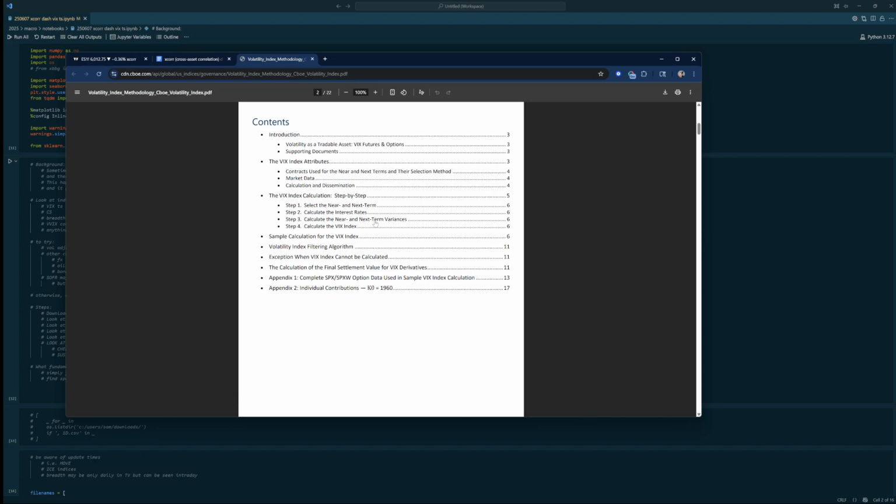If you're right at 30 days, then you use 100% the second expiration. You only use liquid strikes. I don't think there's much more to it than that, but basically it's like, what's the weighted implied volatility across the entire S&P 500, targeting 30 days out?